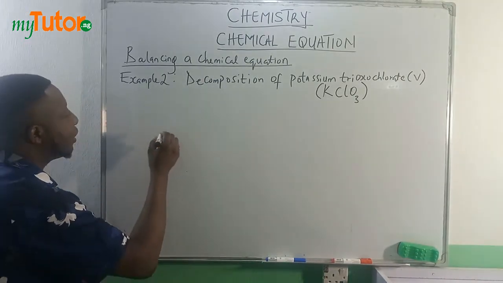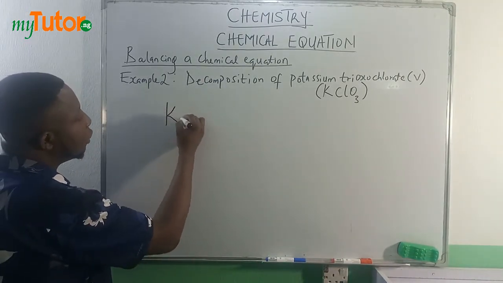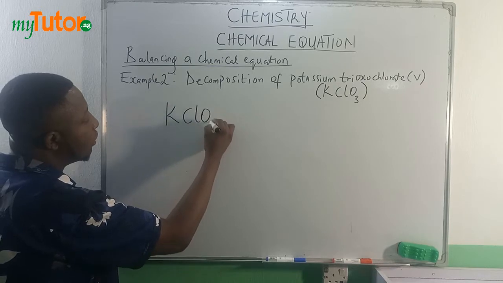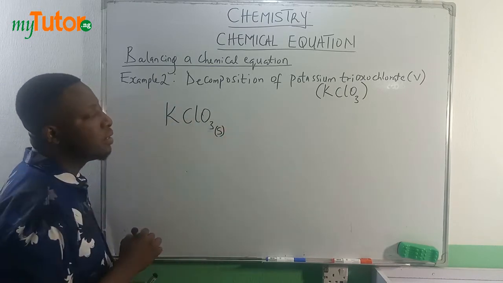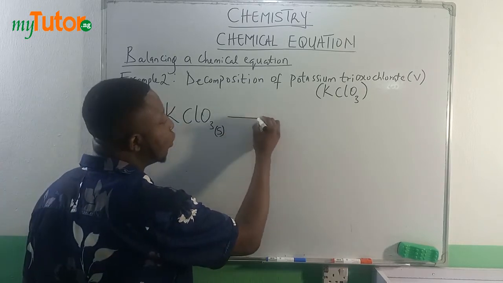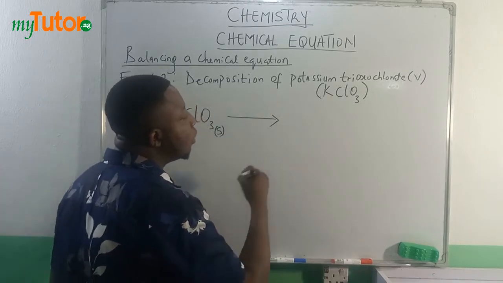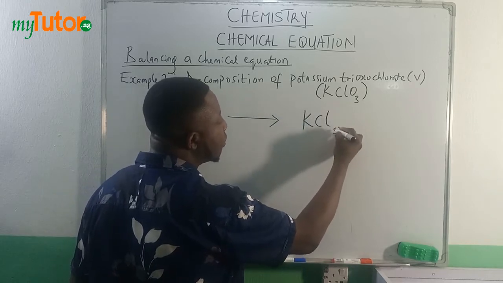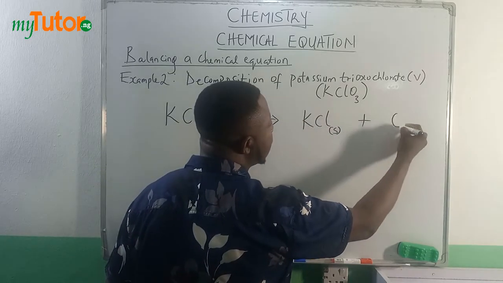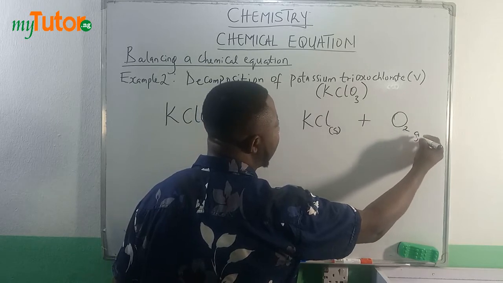So we say that our reactant is our potassium trioxochlorate(V), which is a solid. So the reactant is a solid. This reactant undergoes decomposition to give us potassium chloride, which is also a solid, and oxygen molecule, which is a gas.